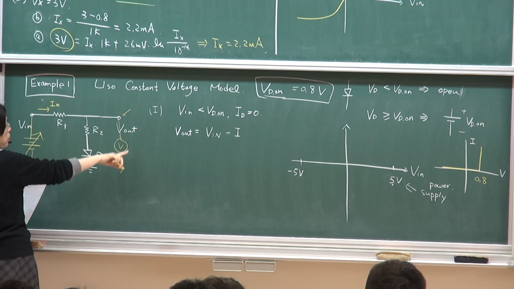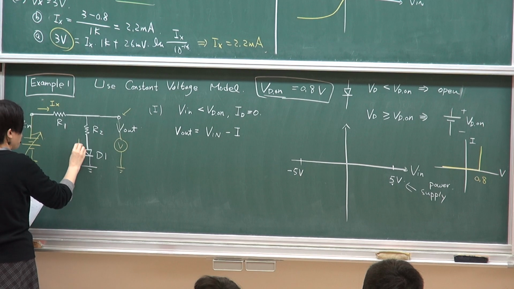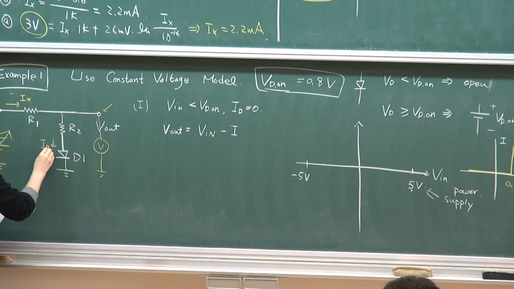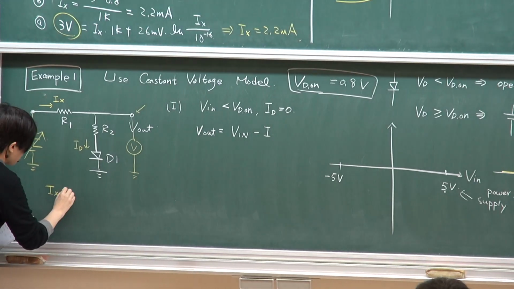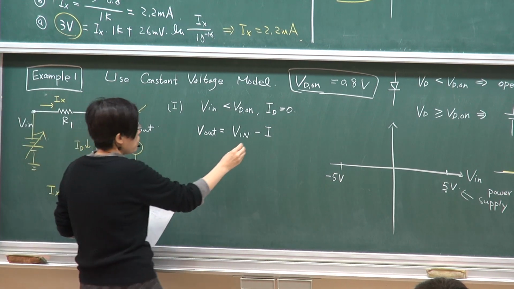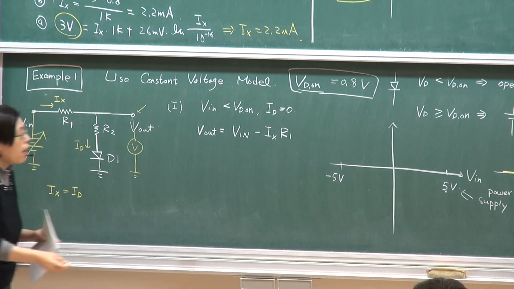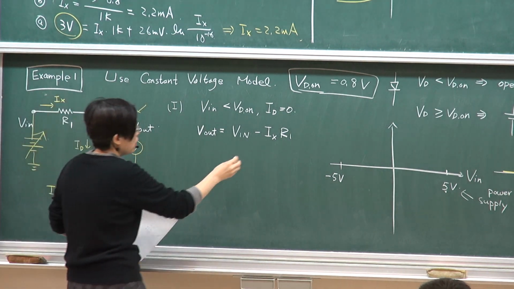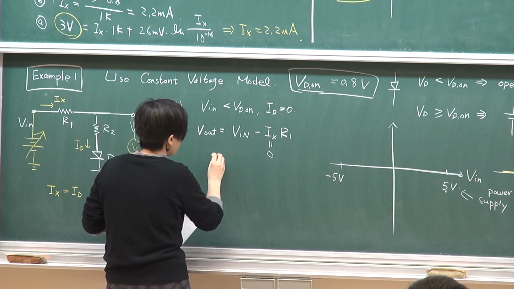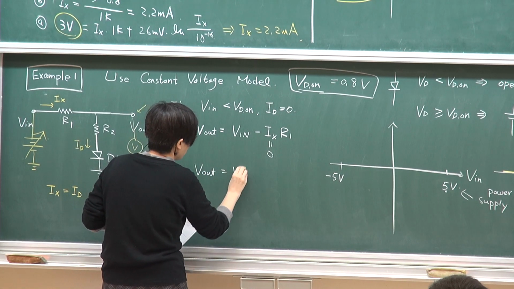There's only one loop because your voltmeter does not take any current, so Ix equals ID. The output voltage will be Vin minus Ix R1. Because Ix equals 0, what does it mean? VL equals Vin, right?